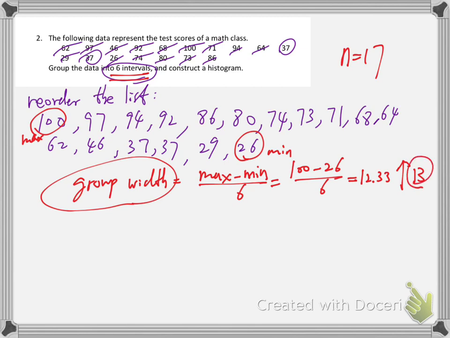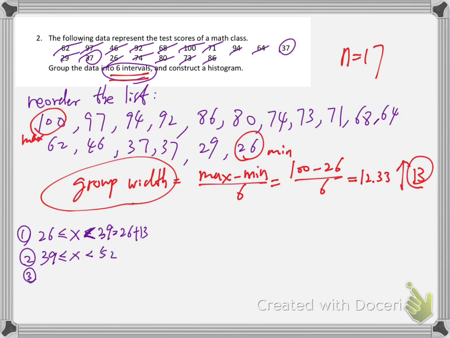So now what are these groups, right? From the smallest, 26, and then 26 plus 13 is 39. That's the first group, right? And then the second group is from 39, so this side is strictly less than or equal to x, and then we use 39 plus 13, so this is 52.